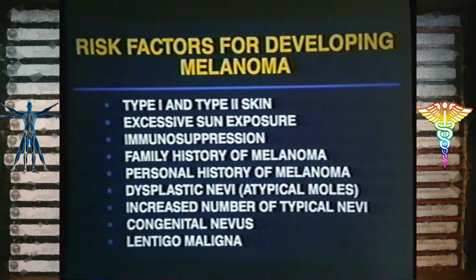If they have some abnormal or funny looking or dysplastic or atypical moles, then they are at increased risk. And if you have an increased number of just regular nevi, which tend to be related to excessive sun exposure, you're at higher risk. And there are some precursor lesions, congenital nevi, and a thing called lentigo maligna.